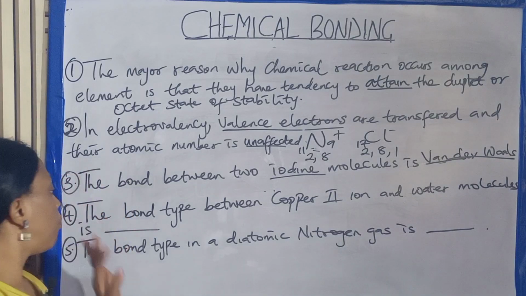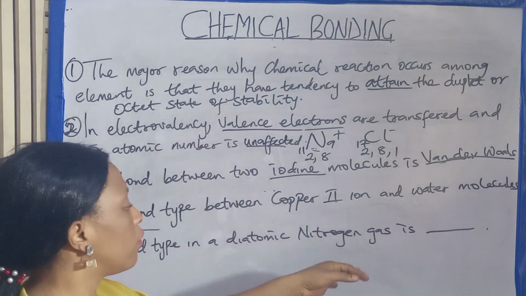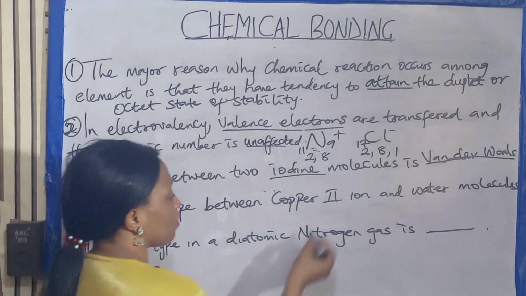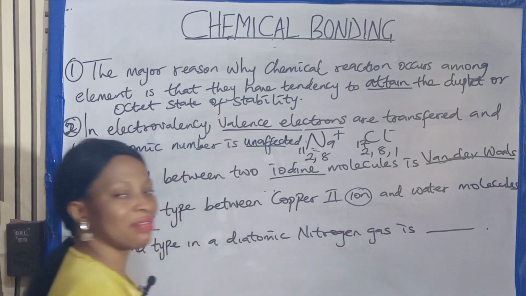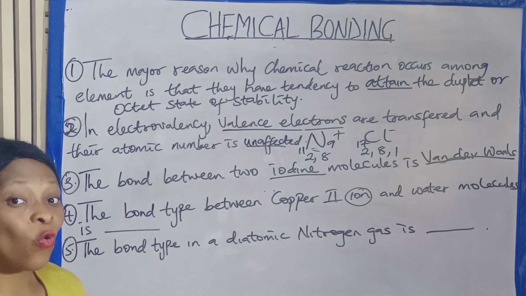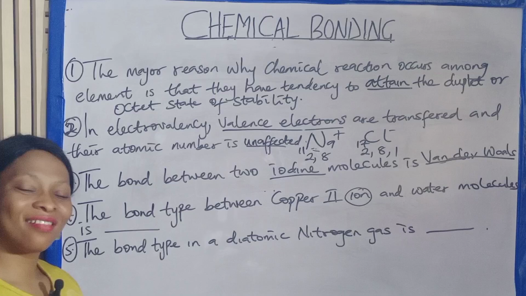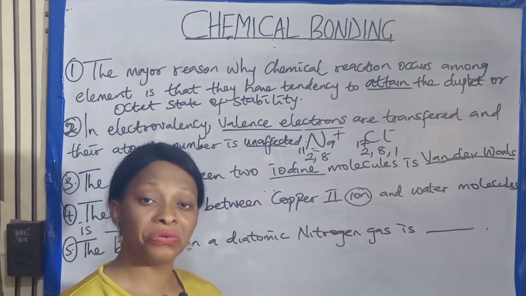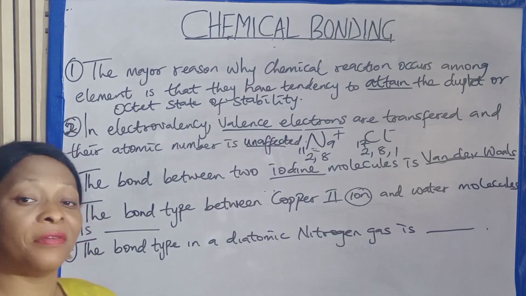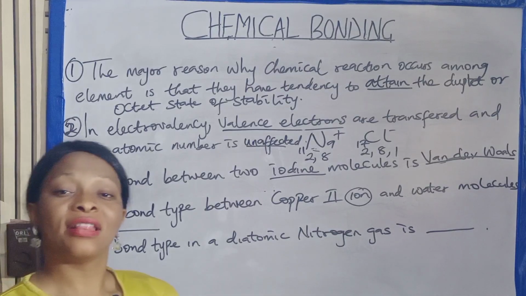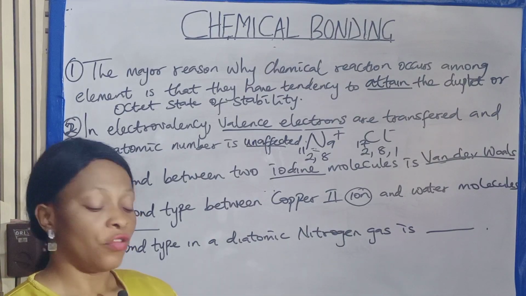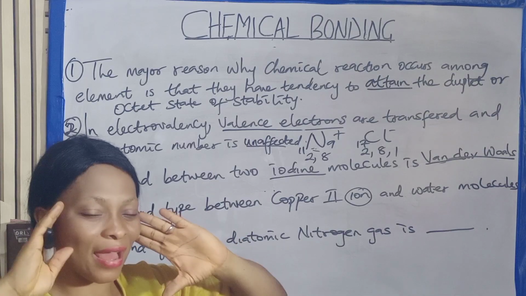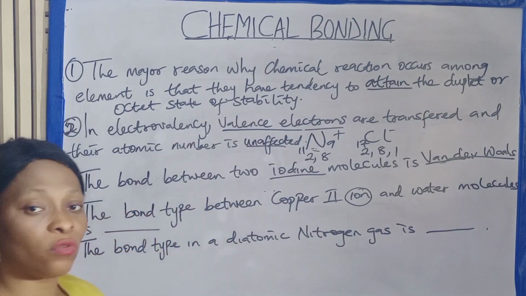The bond type between copper 2 ion and water molecules. Remember what I told you? In most cases, when you see ion, what are you looking at? Coordinate covalent. Remember, examples of coordinate covalent include your ammonium ion, your tetraamine copper 2 ion, and most of those things that have ion. Once you hear ion, know that you're talking about what?